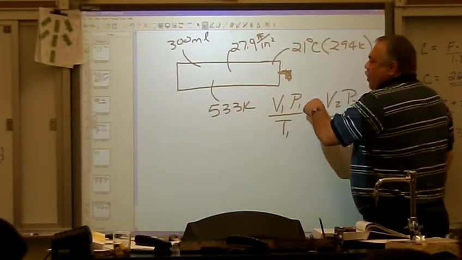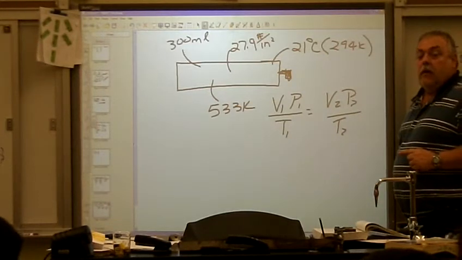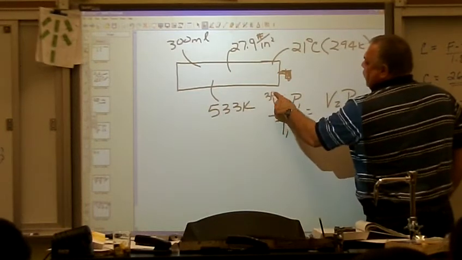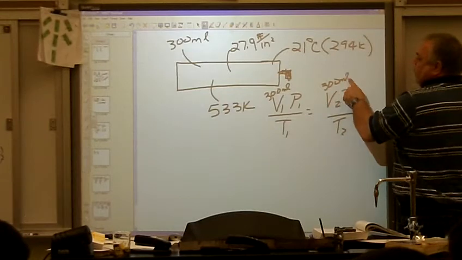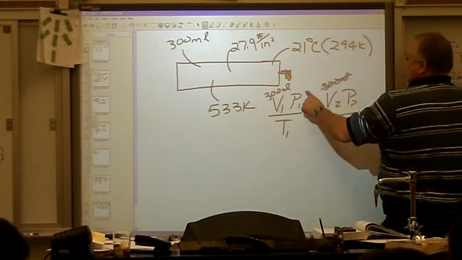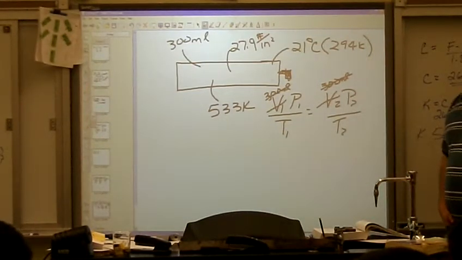What do we know about the volumes in both of these cases here? They're both 300. Right. So therefore, if I put 300 milliliters here and 300 milliliters here, guess what happens mathematically? They cancel out. Because remember, they're the same on both sides.